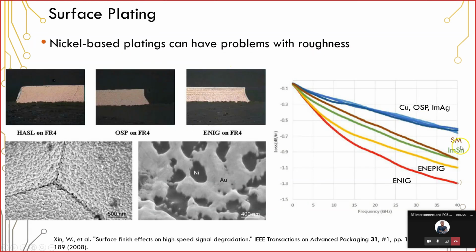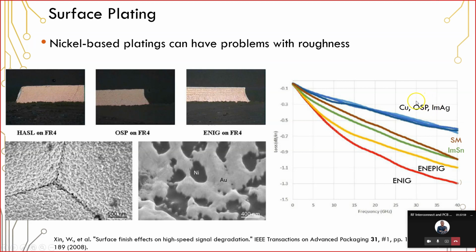So one of the reasons we went with silver is because if you actually look at the loss profile versus frequency, if we were to use, let's say, immersion silver compared to solder mask, you can see that the immersion silver plating has much less loss compared to the solder mask. So SM here in this right graph is solder mask. Another option is OSP, which is organic solderability preservative. This particular material only has a very low shelf life.